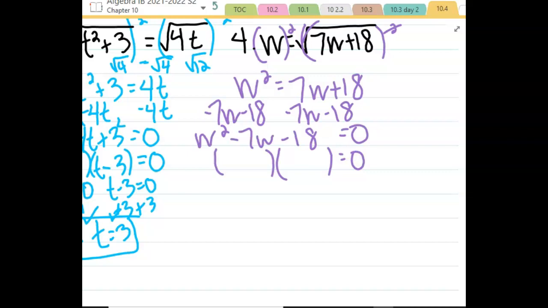And then solve by factoring. Once again, the ones today are going to be pretty simple because it's a w squared. You know it has to be w times w. I need things that multiply to give you negative 18 and add to give me negative 7.